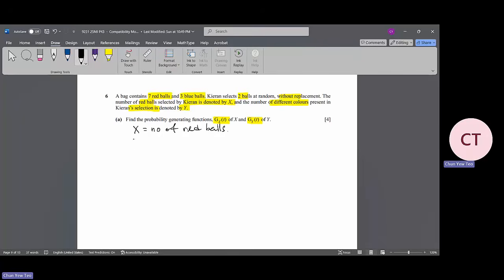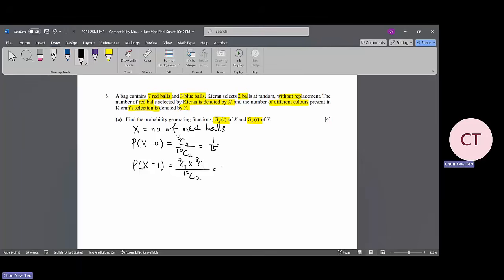Okay, so for X equal to 0, since you are selecting without replacement, no red balls means the two balls are all the other color, 3C2 divided by 10C2. So you will get 1 over 15. Then X equal to 1, that means 7C1 multiplied by 3C1 divided by 10C2.